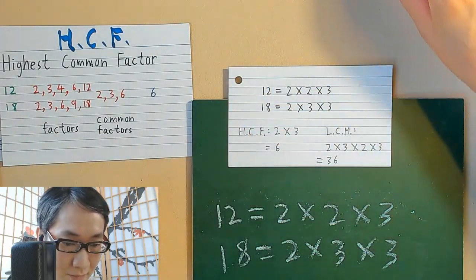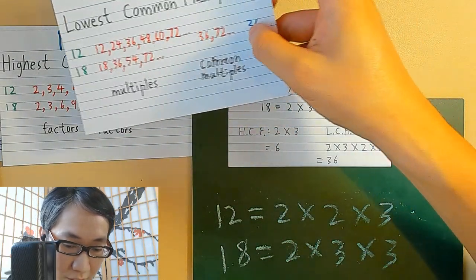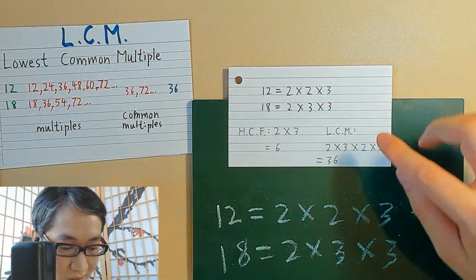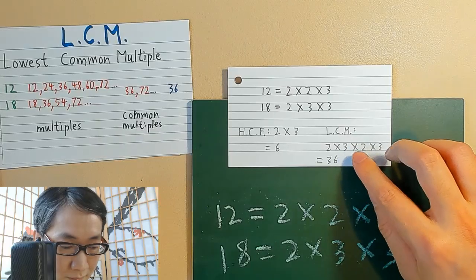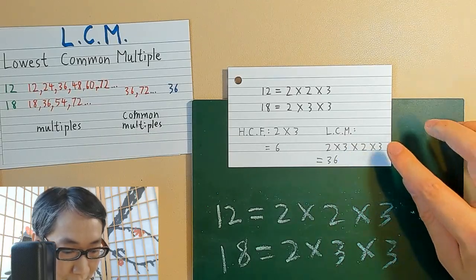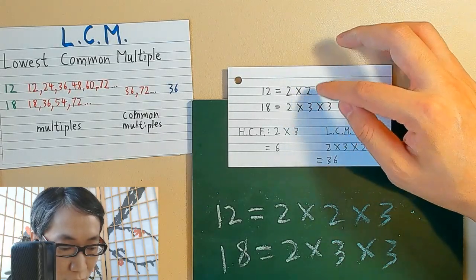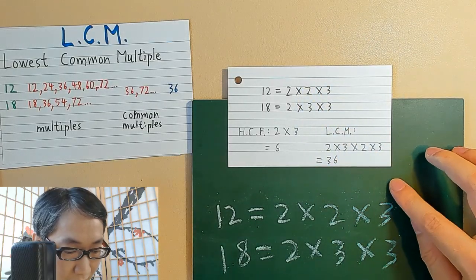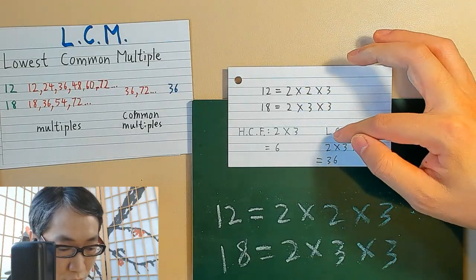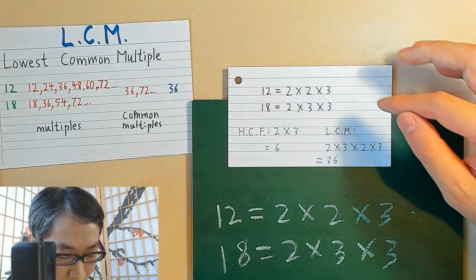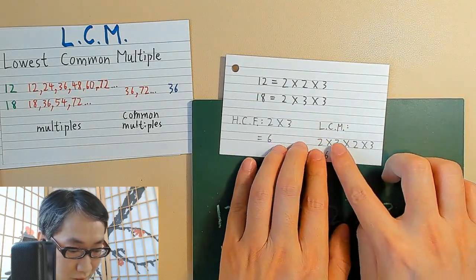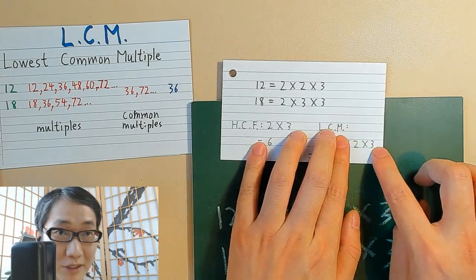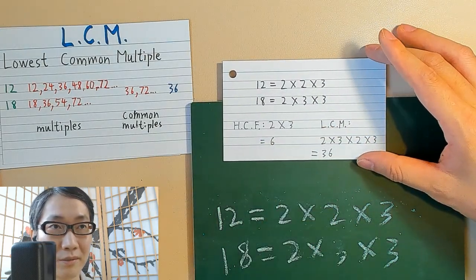For LCM, 6 is their latest point of common. Then we multiply by 2 and 3 again, and they will join again. 2 times 3 is 6, and this 6 is the HCF. HCF times 6 is 36.